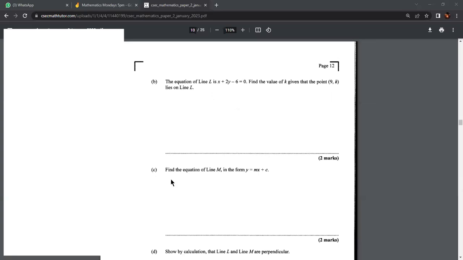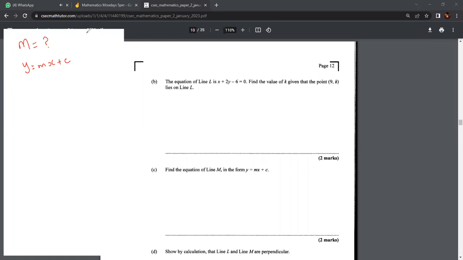Looking at C, they said, find the equation of line M in the form y is equal to mx plus c.